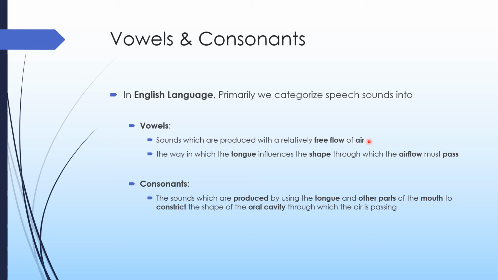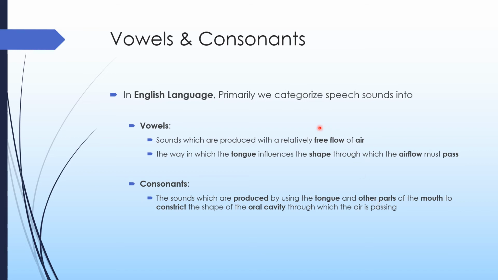If you try again, you can find that while producing the sounds, none of your speech organs clash with another. But if you produce the pa sound, that means your lower lip and upper lip come together. Or if you produce the ta sound, you can see that your tongue curves towards the upper part of your mouth.